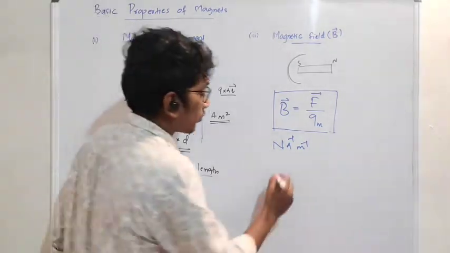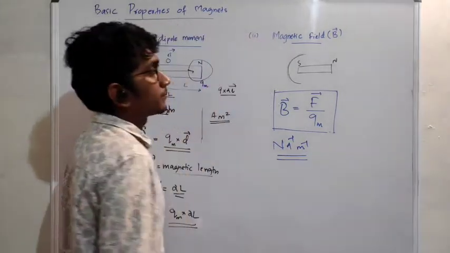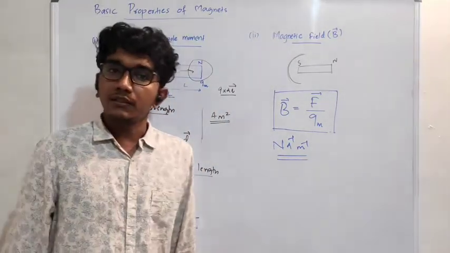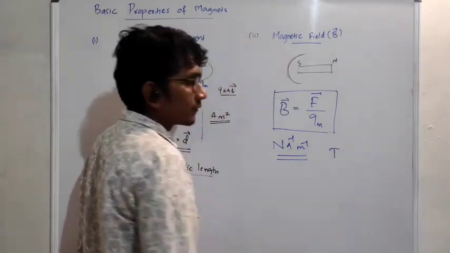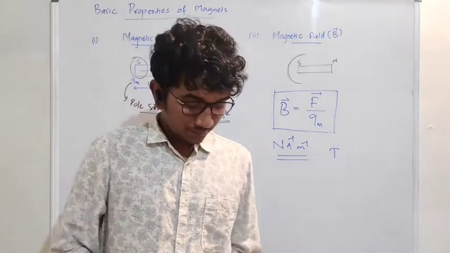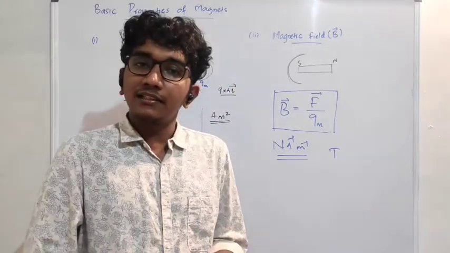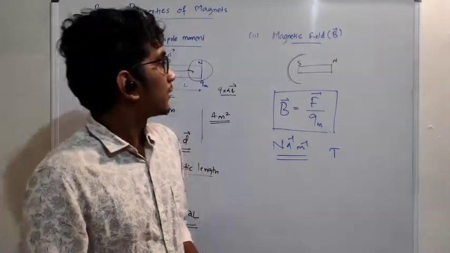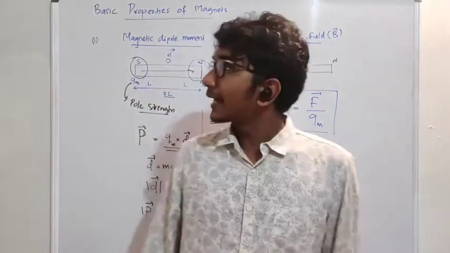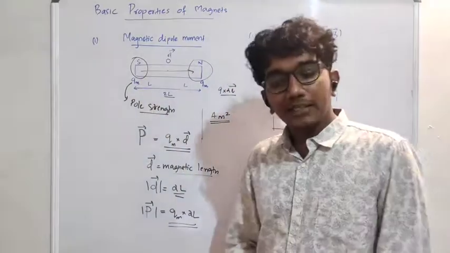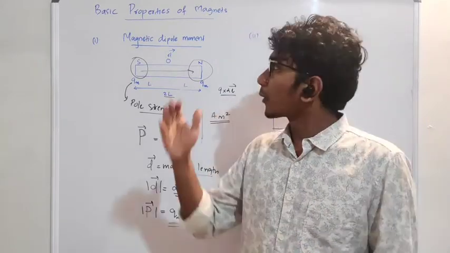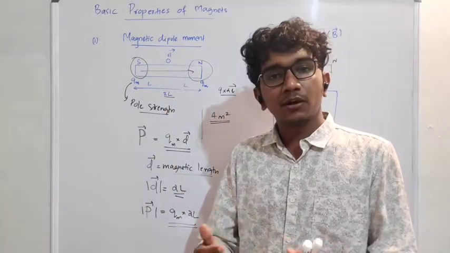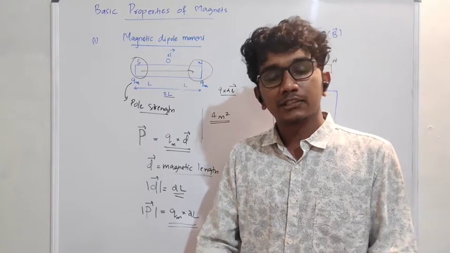This is also known as Tesla, after the great scientist Nikola Tesla. So this is about magnetic dipole moment and magnetic field. Further properties and terminologies we will discuss in the next session.